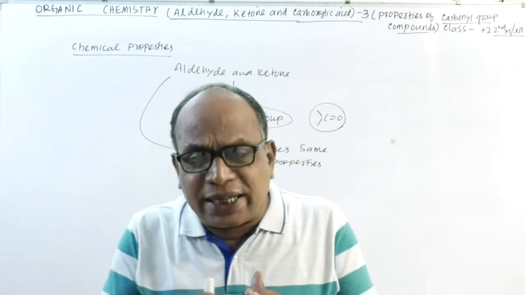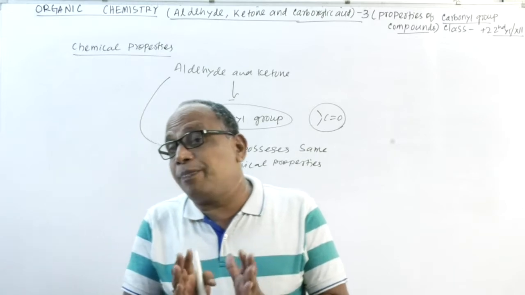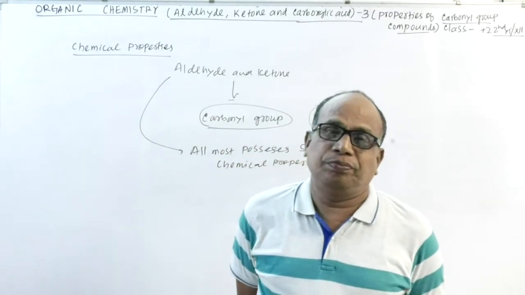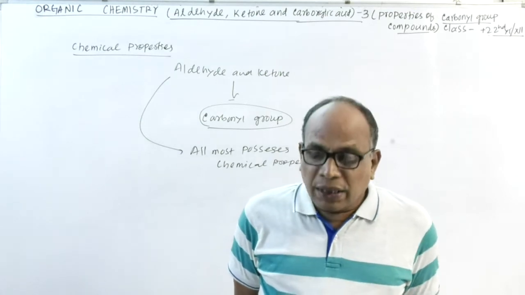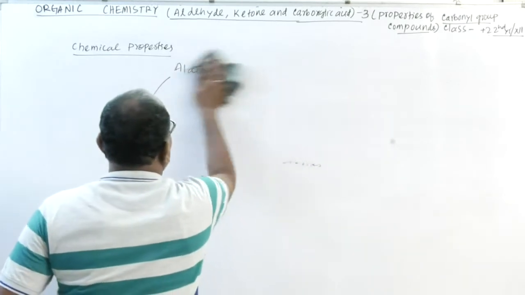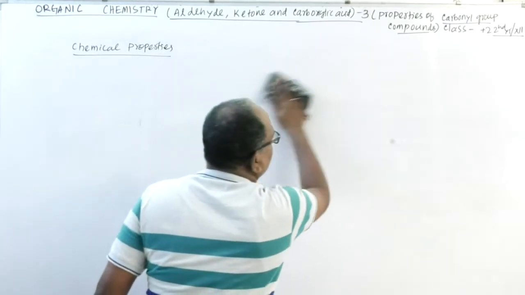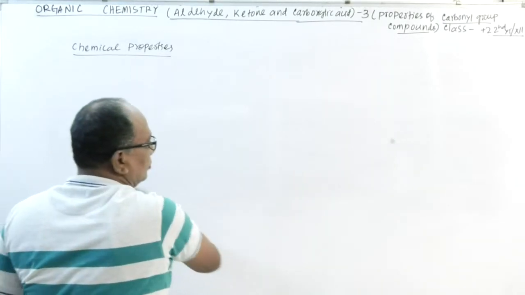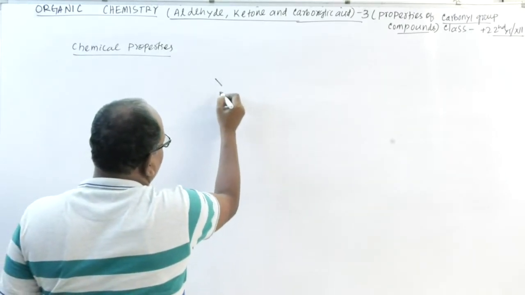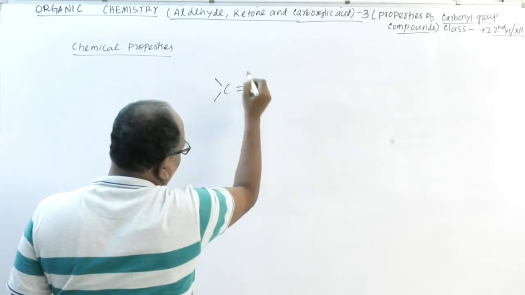So the next question arises, what type of reaction is shown by the carbonyl group? What is the carbonyl group? That is C double bond O, called the carbonyl group.